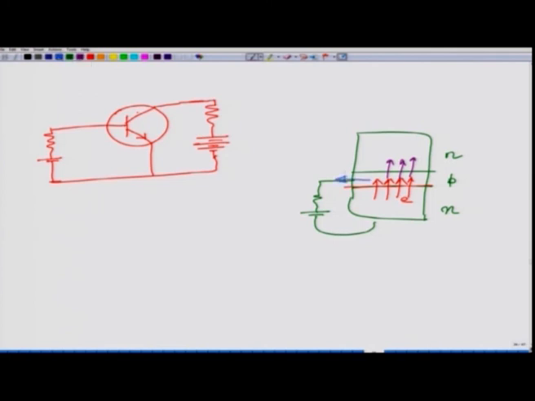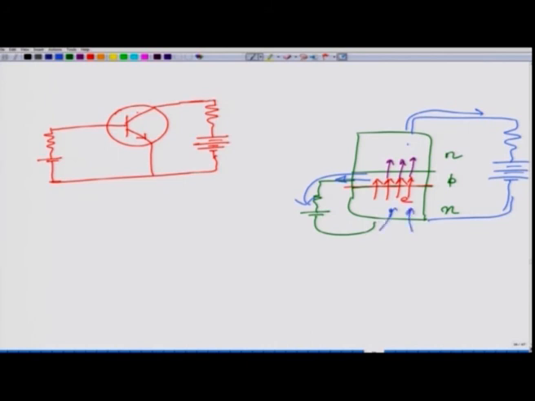So, I am showing the electrons flow. Remember, the current will be opposite to this, and this is because of the reverse biasing here. The electrons will go through this circuit like this, and then here they will be injected back into this.